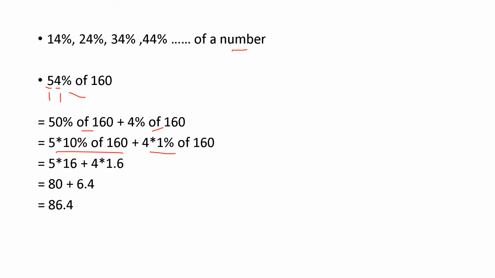The basic thing we need to know is how to find 10% of the number and how to find 1% of the number. That we know. So 5 into 10 percentage of 160 is 16, and 4 into 1 percentage of 160 is 1.6. Multiply and add, you will get the answer.